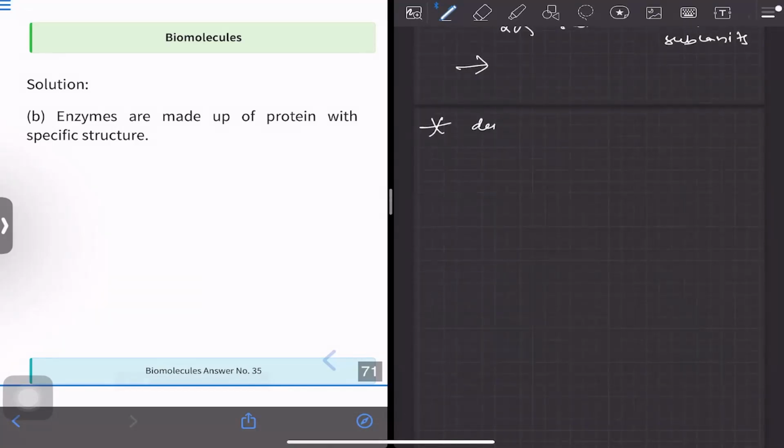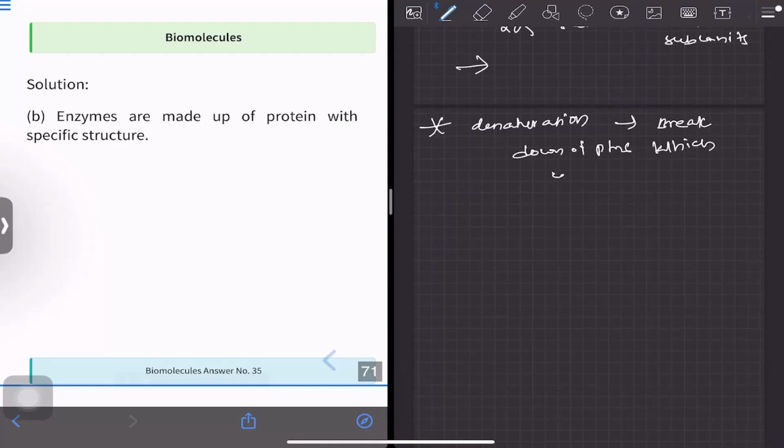What is meant by denaturation of proteins? Denaturation means breakdown of protein with the help of heat, high temperature, or UV rays.